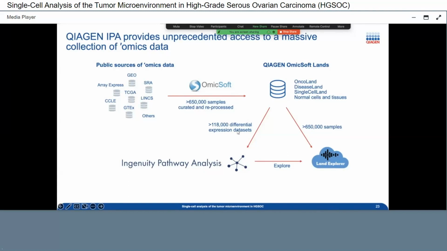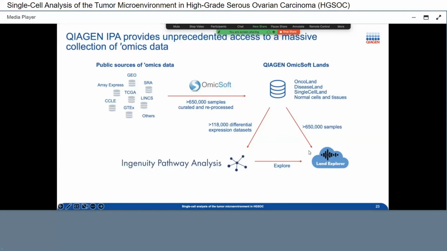This data set has been pushed into IPA. And now we're in the feature called analysis match, which I will present later. We are going to see what's up with the rest of the world when I want to query my own expression data set and see what's going on in the rest of the world. These data sets encompass many things: oncological, non-oncological, single cell, and even normal tissues.